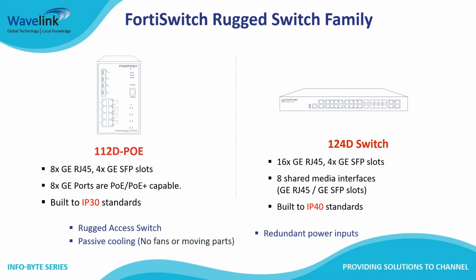The 112D PoE is built for IP30 standards, and 124D is built for IP40 standards. So that means there's an increased level of dust protection and more or less the same level of protection against humidity. And yes, these have no moving parts, and they have very strong bodies built in that aid with the passive cooling.